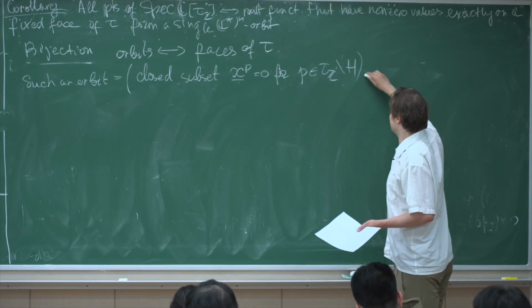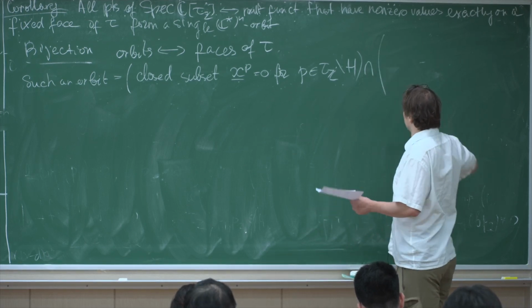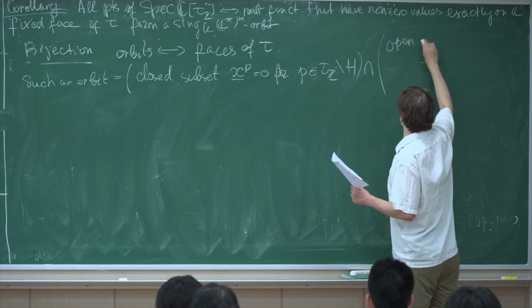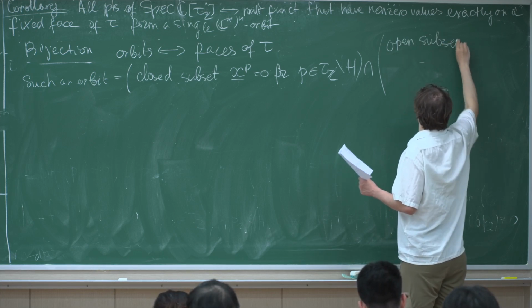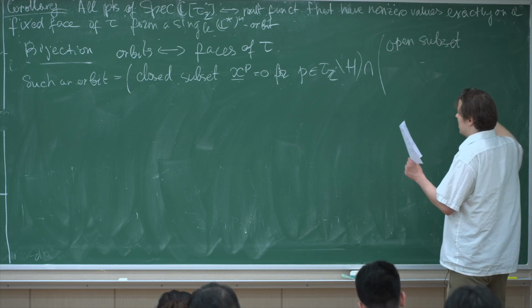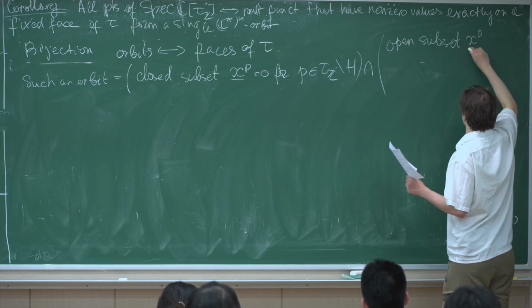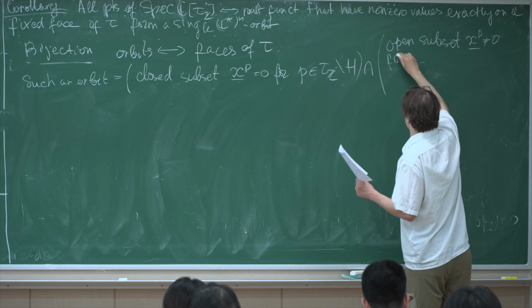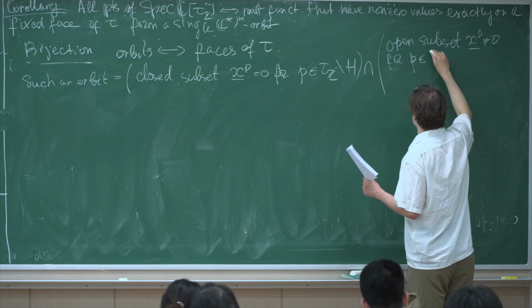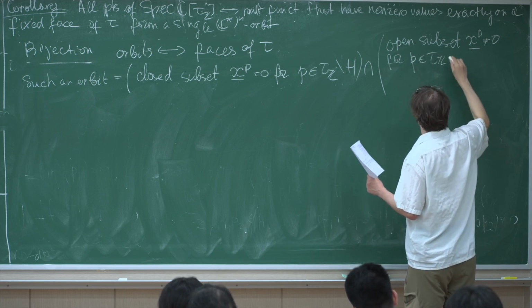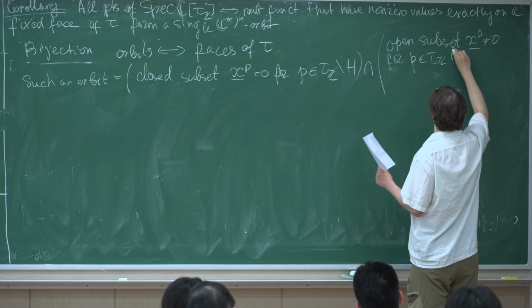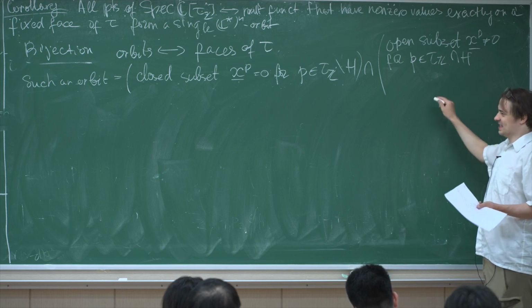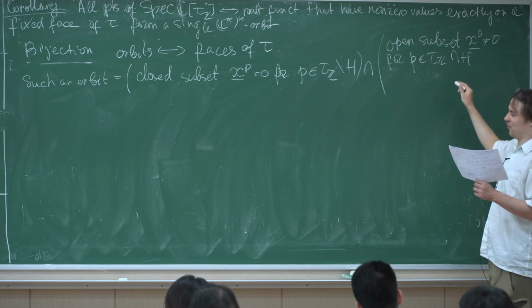And then we intersect it with the open subset x_p not equal to 0 for p in the phase.